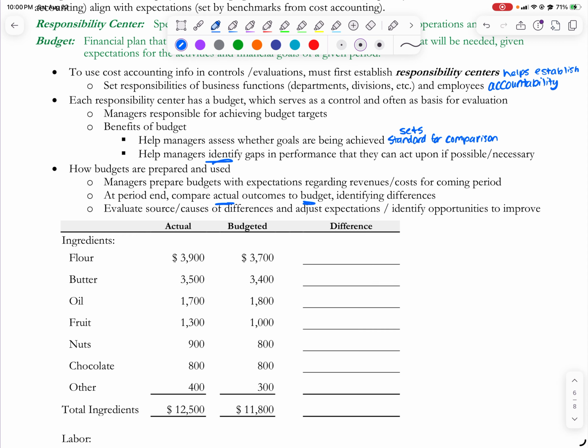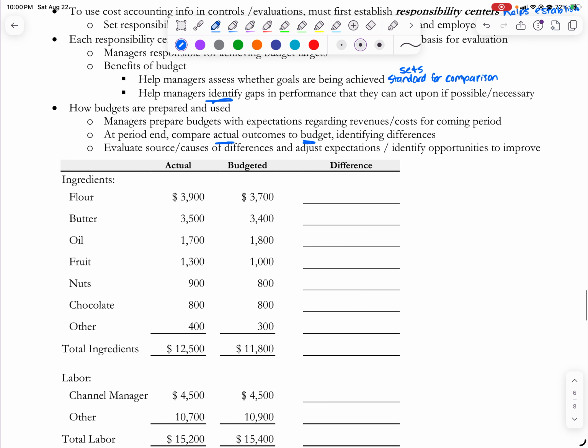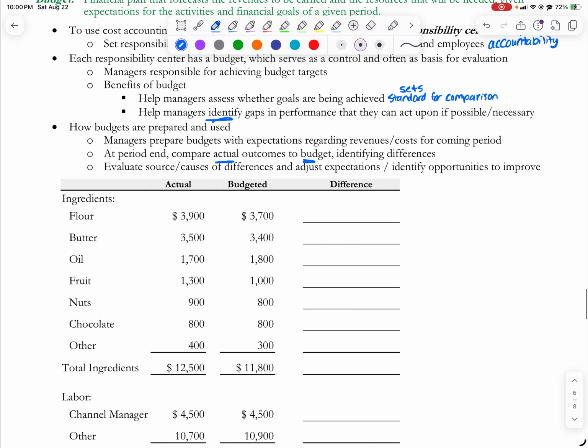They try to get down to explaining why the differences occurred the way they did, both the positive and the negative differences. And once they can assess what led to differences in their outcomes, they can use that insight to help adjust their future expectations or to identify opportunities for improvement or change in the business.